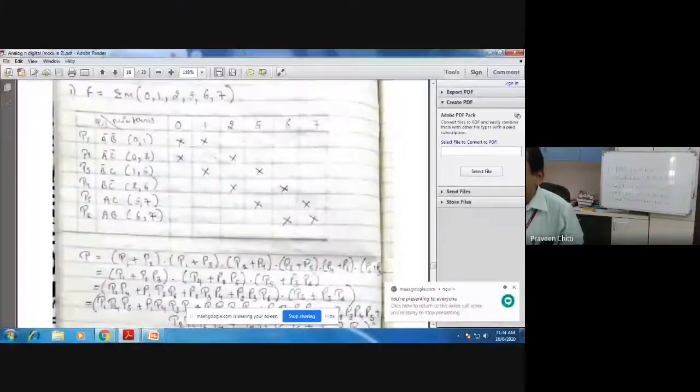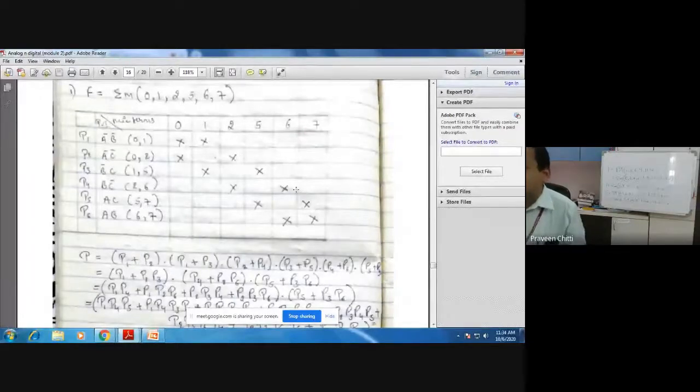All right. I hope the screen is visible to you. Of course, it is a handwritten, scanned copy. Is it visible? Yes, sir. You can see, suppose you come across such a type of prime implicant chart. I gave you one example: f equal to sigma m 0, 1, 2, 5, 6, 7.